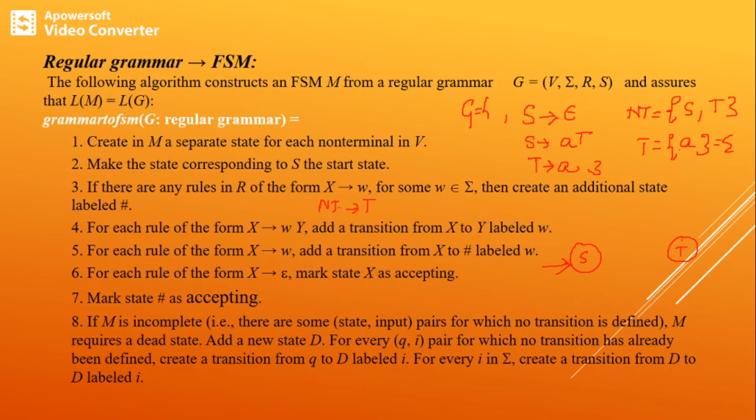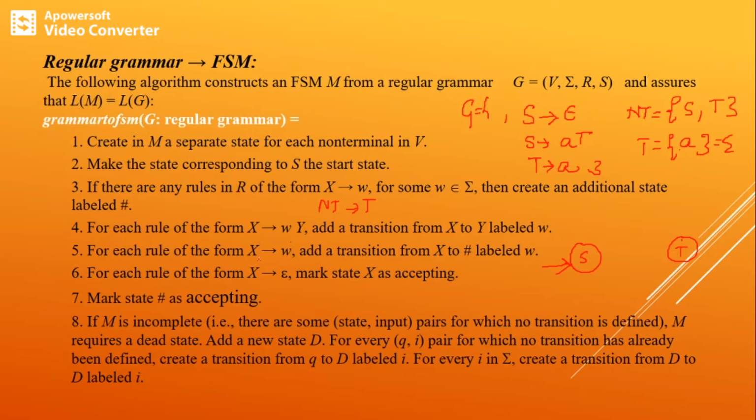If you have something like that, then you have to create an additional state labeled hash. For each rule of the form X gives WY, add a transition from X to Y labeled W. So if you have any rule of this form, then you have to create a transition from X to Y labeled W.